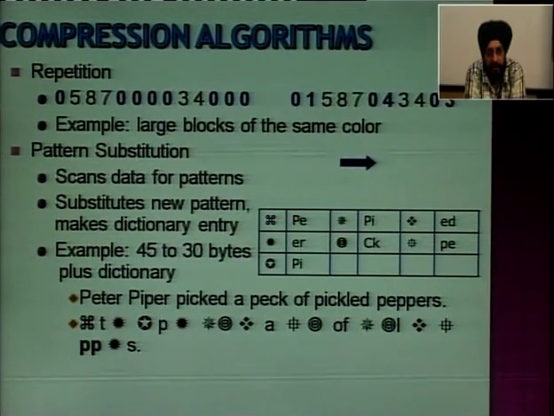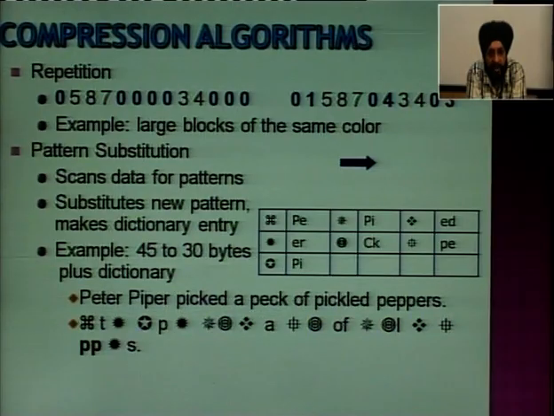Similarly, pattern substitution scans data for patterns, substitutes a new pattern, and makes a dictionary entry, say PE, ER, PI. Whenever these are repeated in written speech or any digital reproduction of sentences, like Peter Piper picked a peck of pickled peppers, this whole thing can be described in codes.